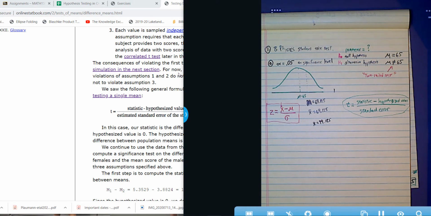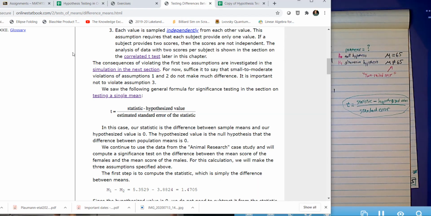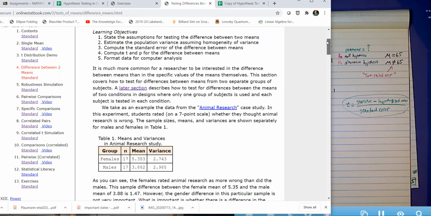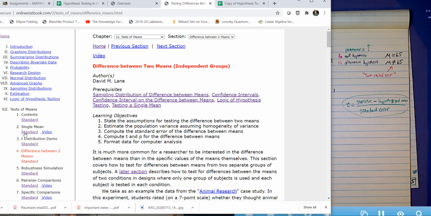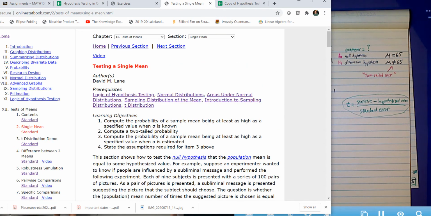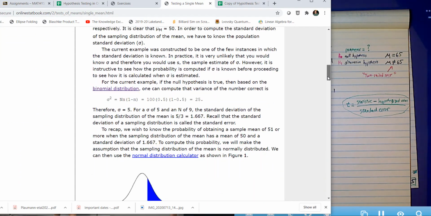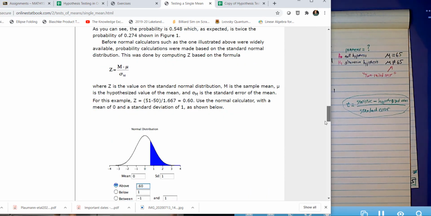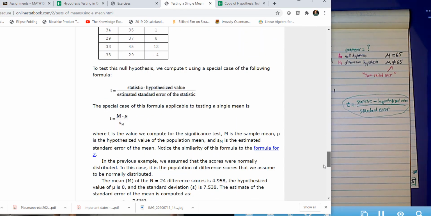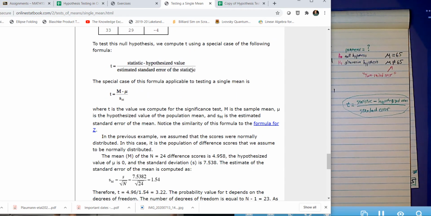Now, how does this work? Well, and again, maybe the place to go is right here. This problem, we are talking about a single mean, so this is section 2. And so let's scoot ahead a little bit. There's my formula again. The special case of this formula for a single mean is t equals m minus mu over s sub m.